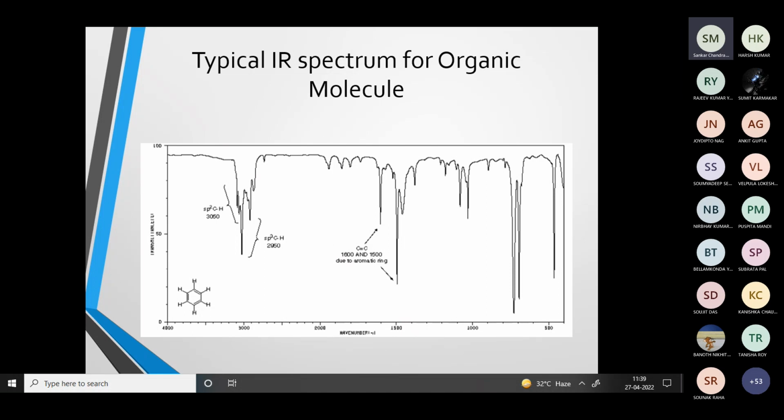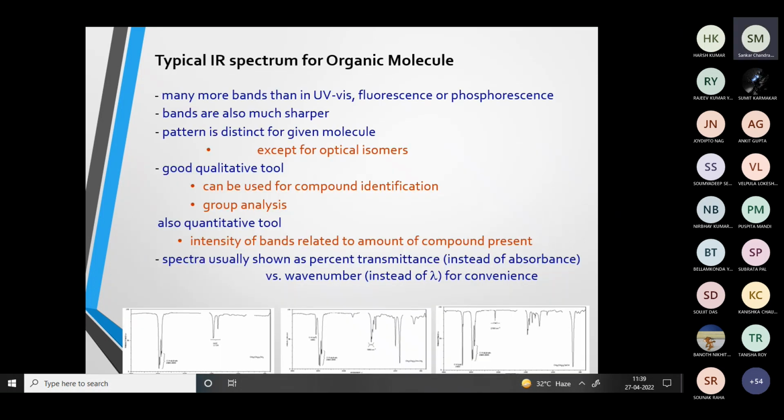Sir, one question. Why does the carbon-carbon bond absorb at a wave number between 1500 and 1600, while that of the CH bond is around 3500? If you follow a spectroscopic book, there are carbon-carbon single bond, double bond, triple bond, or carbon-nitrogen bond.